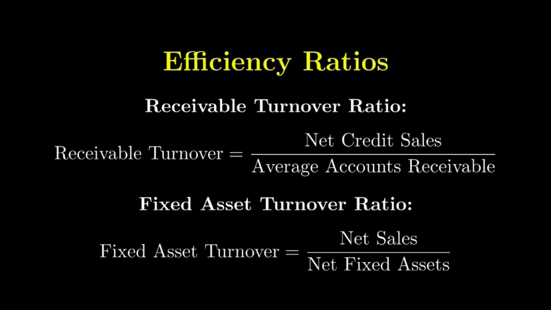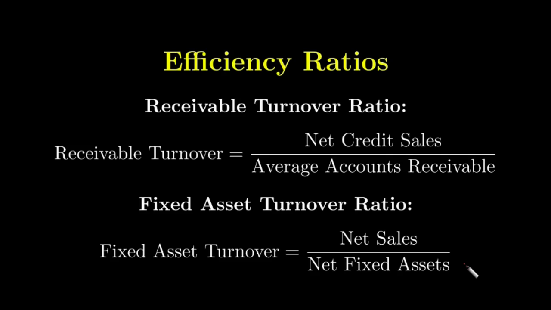How do we calculate it? We look at the sales, or net sales, and divide by the net fixed assets. When it comes to productivity, we're talking about property, machinery, equipment, all those things.